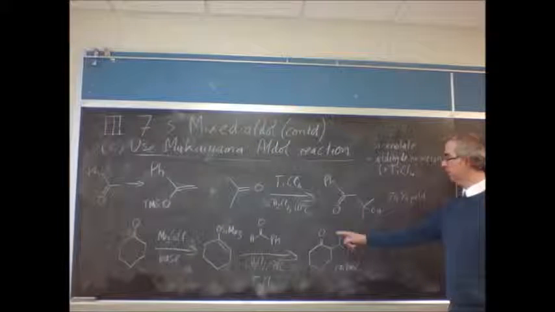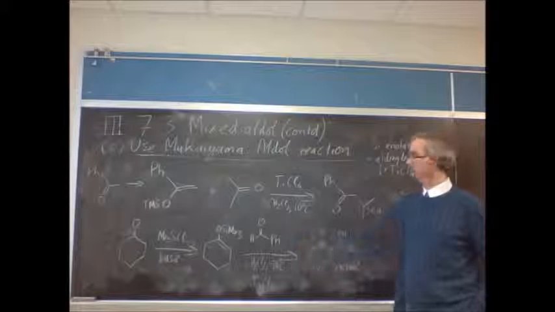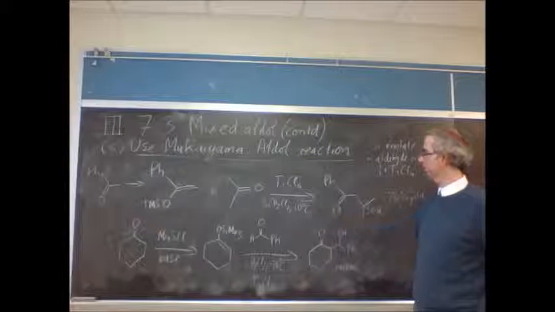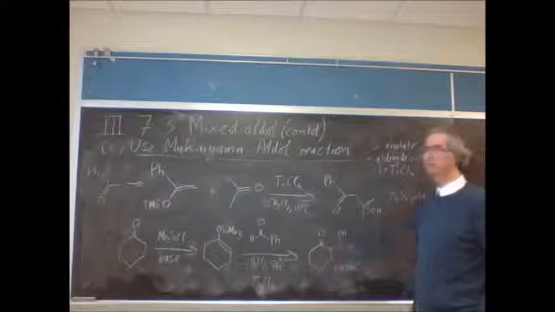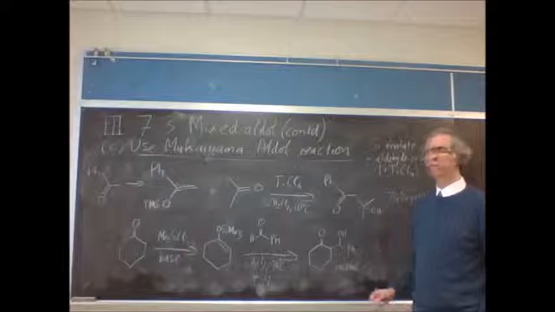Now, this is an example that, in fact, you could do using the conditions I described earlier, just a simple base, but it does show how the aldehydes do work with the Mukaiyama as well.